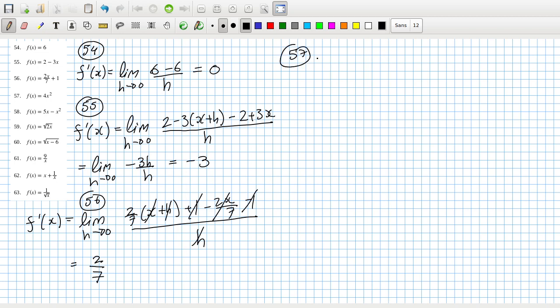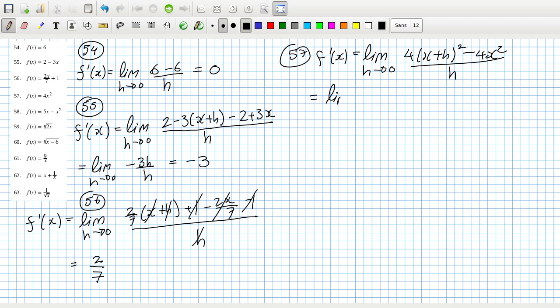57. So that would be f dash x is the limit as h tends to 0 of f of x plus h minus f of x all over h.